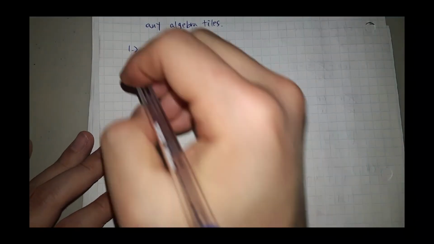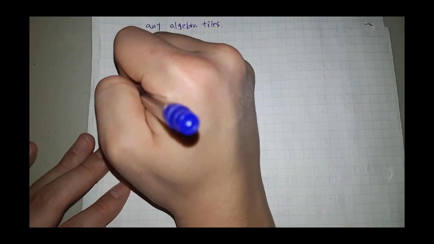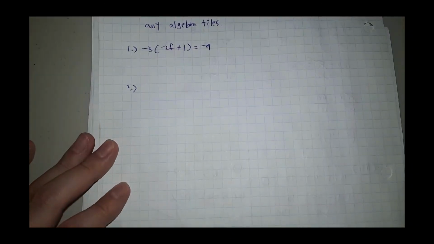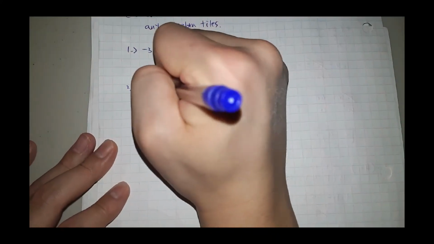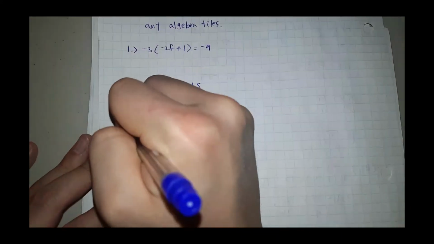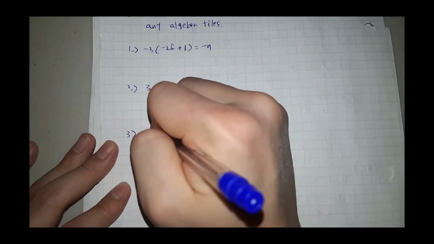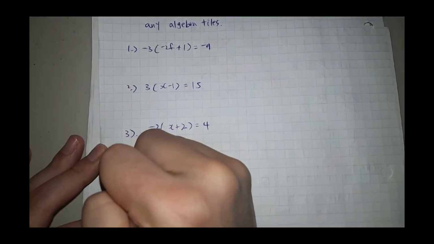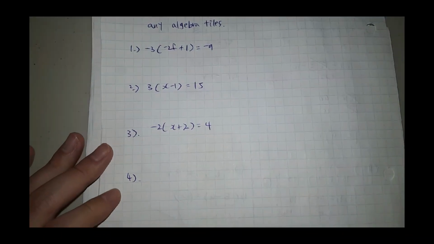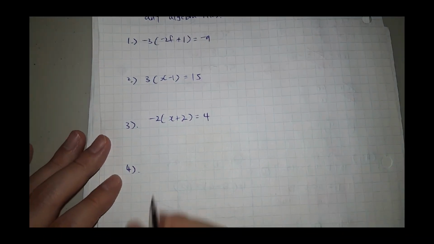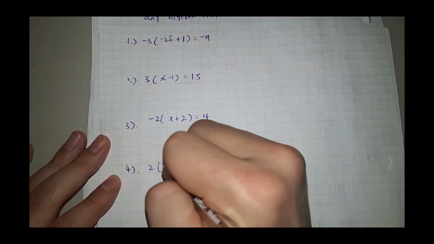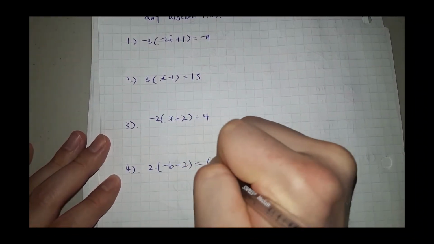And I'm going to give you some easy ones too, because it can be complex. 3x minus 1 is equal to 15. Negative 2x plus 2 is equal to 4. Number 4, 2 times negative b minus 2 is positive 6.